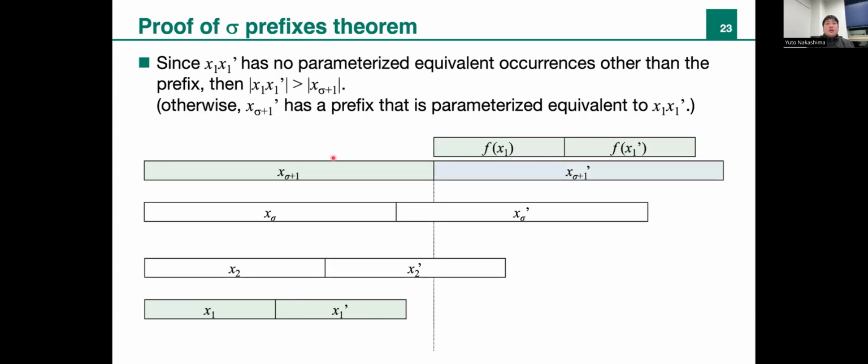If not, so x1 x1' is shorter than x sigma plus 1 like this, then there is a substring that is parameterized equivalent to x1 x1'. By using this bijection, this is a contradiction.